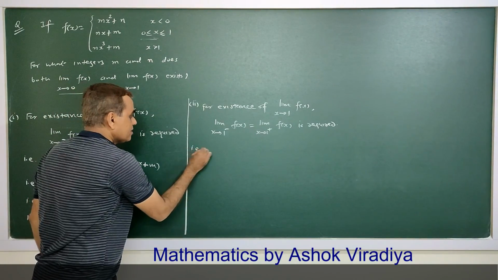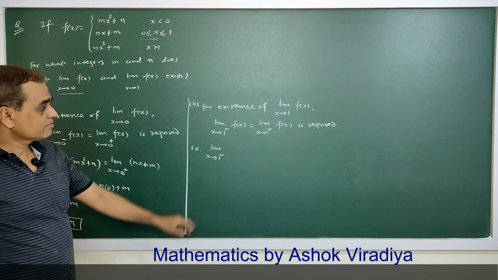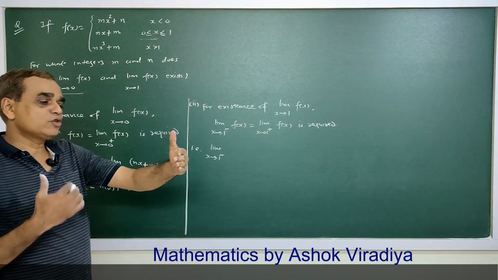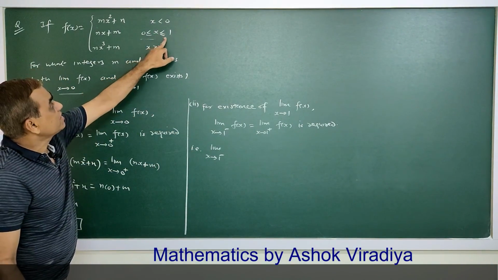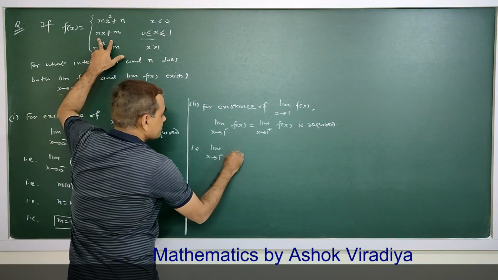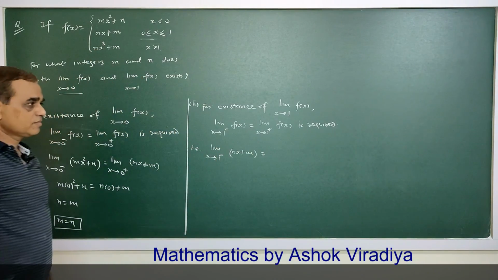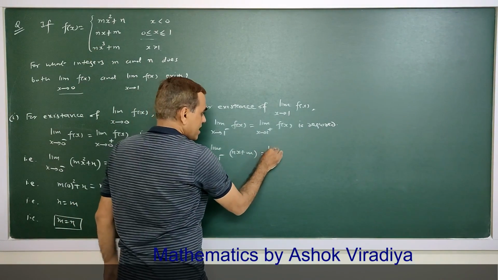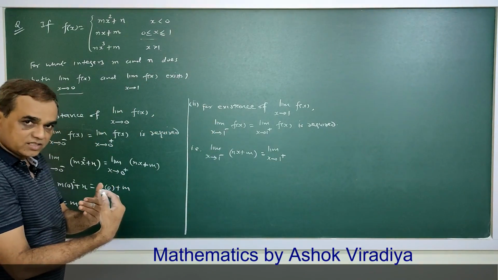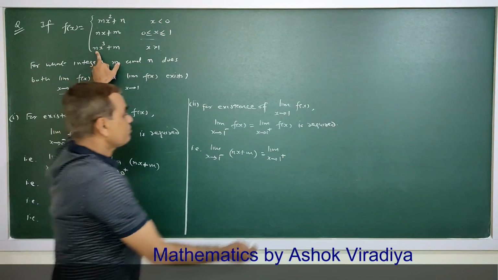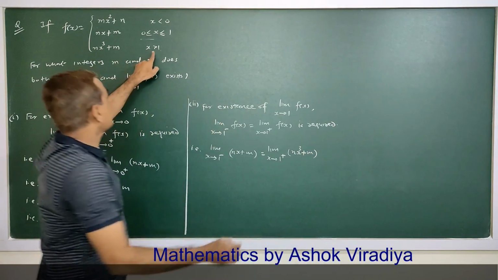That is, limit x tends to 1 from left side, x is coming towards 1 from left side means x is less than 1, and when x is less than 1, use this formula. This side, x tends to 1 from right side means x is more than 1, so use this formula. This is for x more than 1.